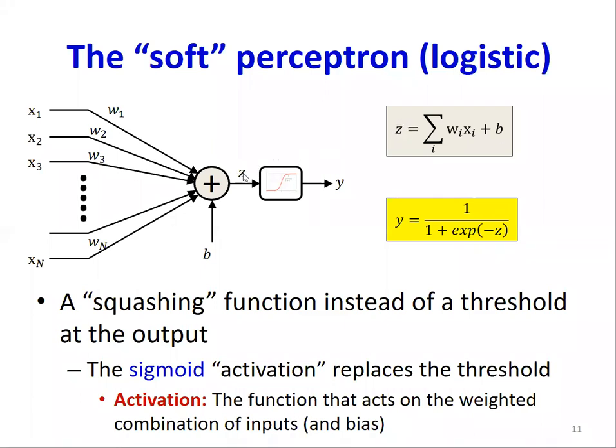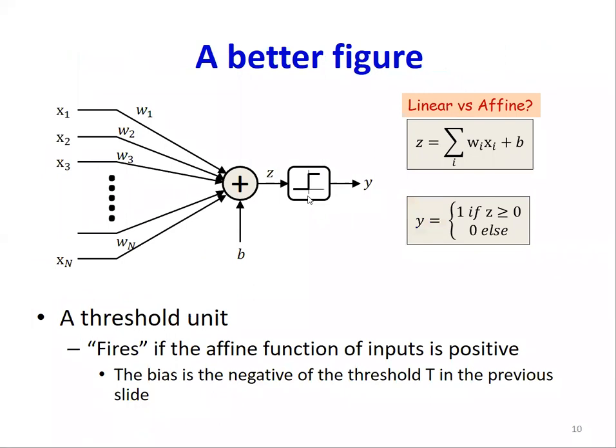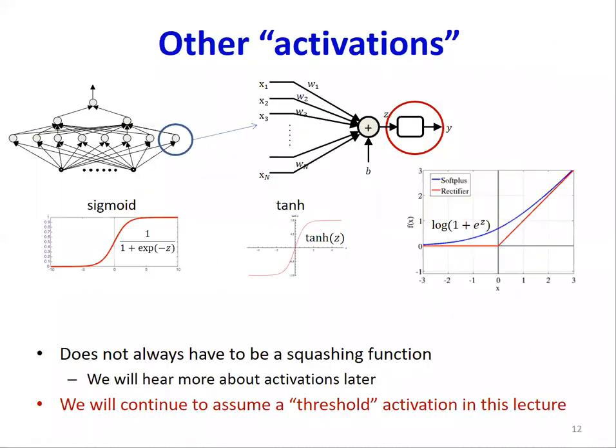If this function happens to be a sigmoid, that would be a smooth version of a threshold. But you can also have other kinds of functions like a tanh, which we will call activations. The function that operates on this affine value is what we will call an activation function.